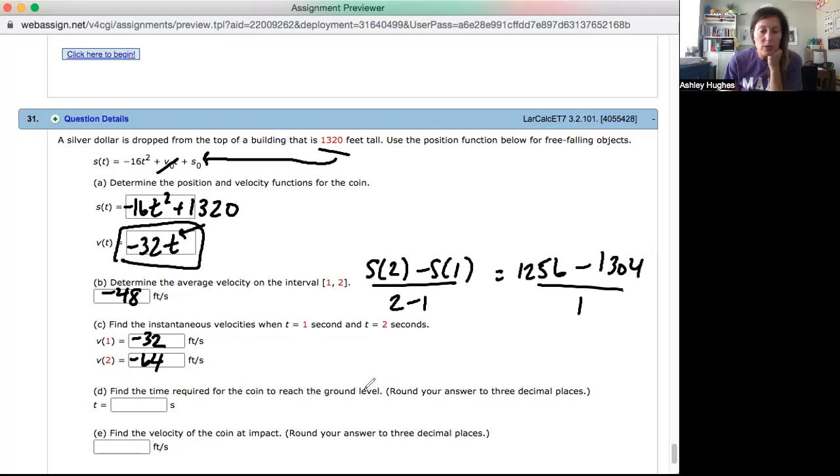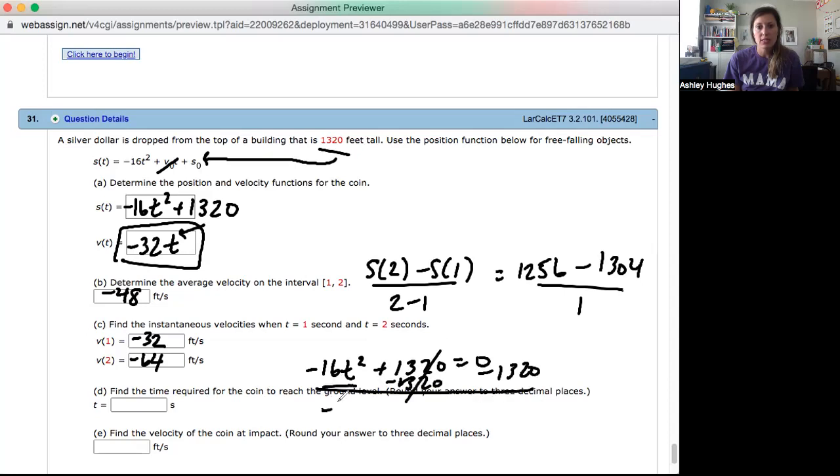Find the time required for the coin to reach the ground. Okay, so the position at the ground is 0. So it's basically asking, when does the position equal 0? So when does -16t squared plus 1320 equal 0? So we're going to subtract 1320, divide by -16.